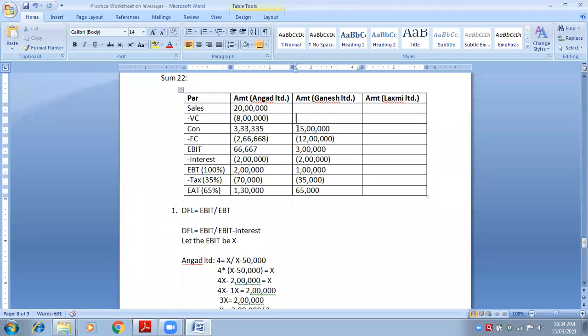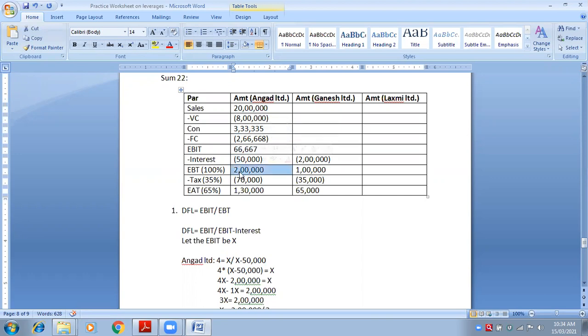Now, interest is already given. What was interest in case of Angad Limited? 50,000. Very good. So here you will put 50,000 in the bracket, which was already given. Now EBIT is 66,667 minus interest 50,000.